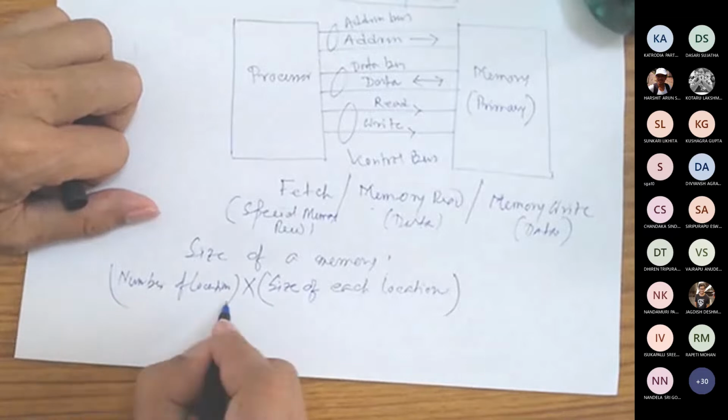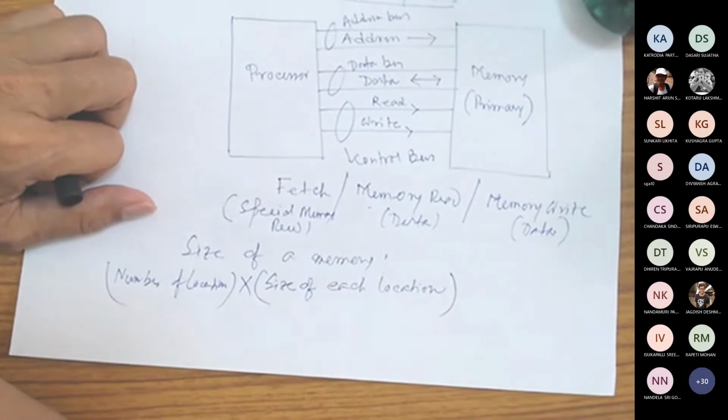So how do we know how many locations are there? Can someone tell me how we decide how many locations are there? From address bits. Yes, from address bits.